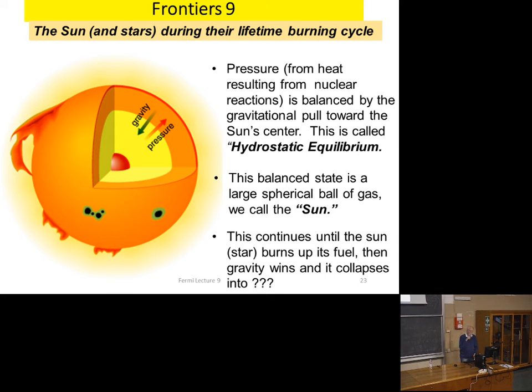What it collapses into, which I wrote down here as three question marks, is different depending on the features of the star itself. For our sun, we don't know what it'll end up as in the end. It may be brown dwarfs or other things that we see in the universe, but we're not sure.